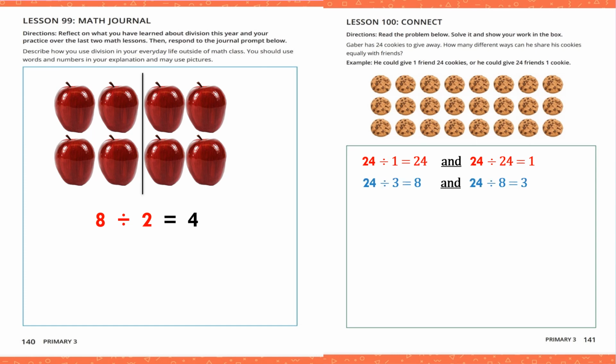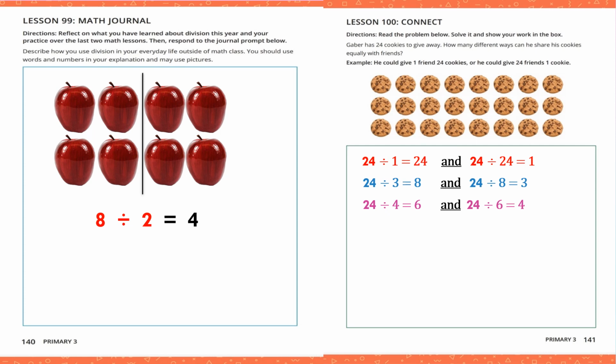Or 24 divided by 3 equals 8, and 24 divided by 8 equals 3. He can give 3 friends 8 cookies, or 8 friends 3 cookies. Another way, 24 divided by 4 equals 6, and 24 divided by 6 equals 4.